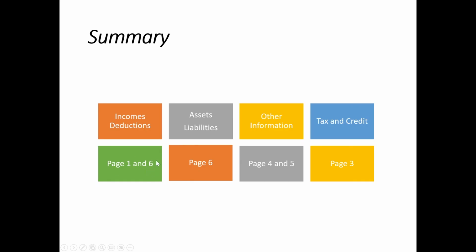So you report that reconciliation on page 6, Schedule M-1. Assets and liabilities, you report on Schedule L on page 6. Other information is on page 4 and 5, and all the tax and credits are reported on page 3.